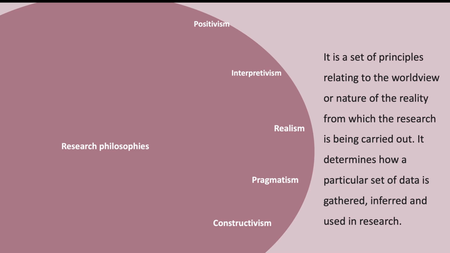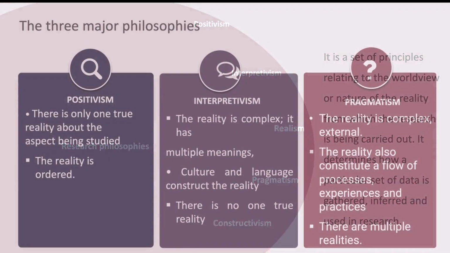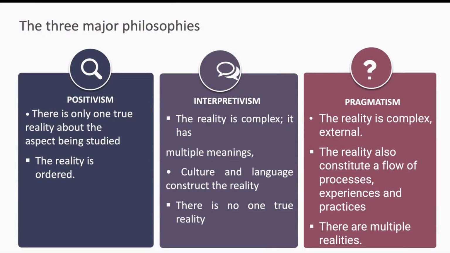They all refer to the fundamental assumptions that researchers hold about the nature of knowledge and reality. Here are the primarily used research philosophies among students, mainly in social studies: positivism, interpretivism, and pragmatism.